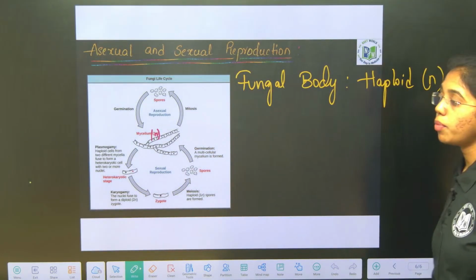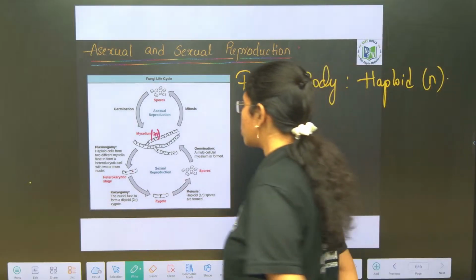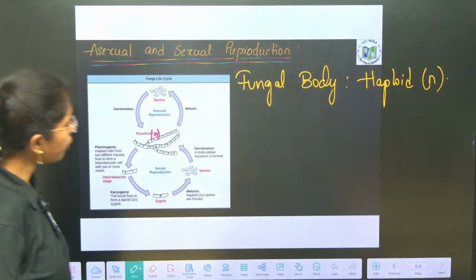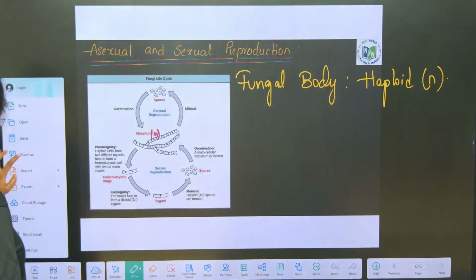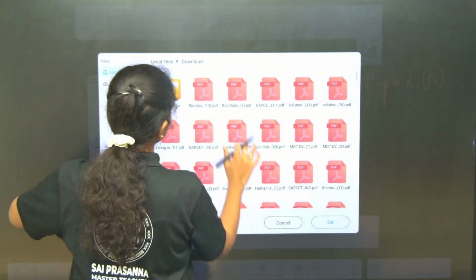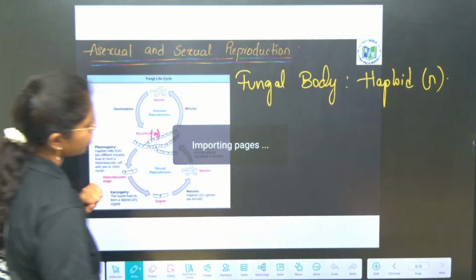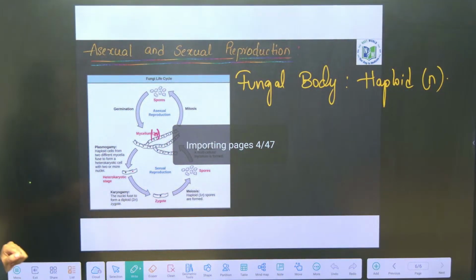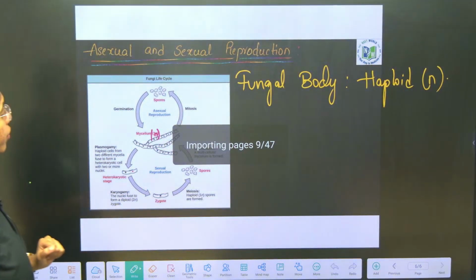So here the fungal body is what? Haploid. Through the asexual mode of reproduction, what is happening?